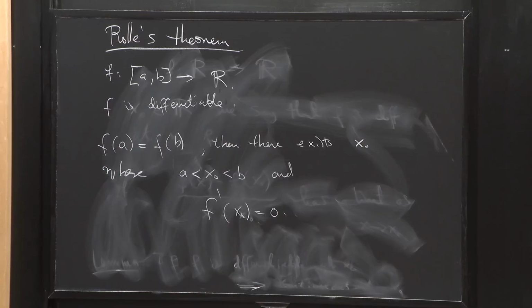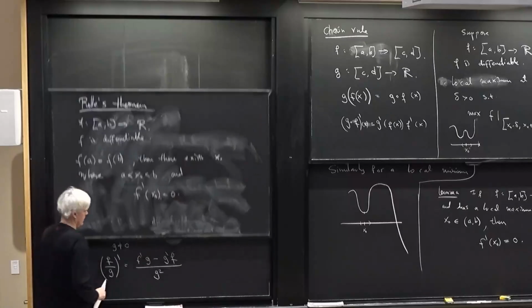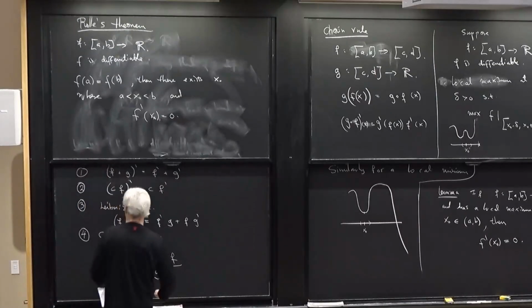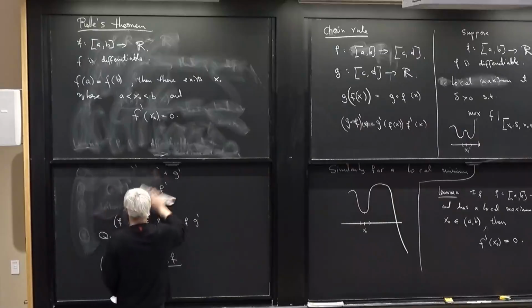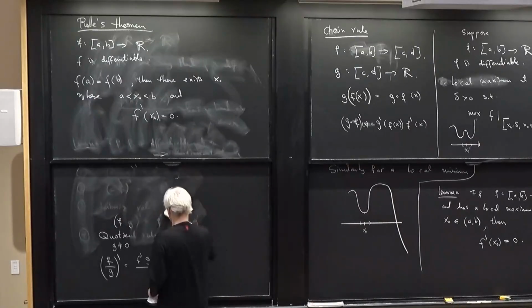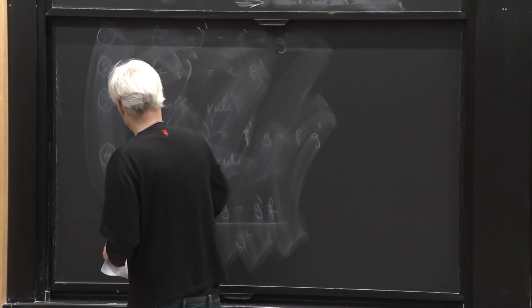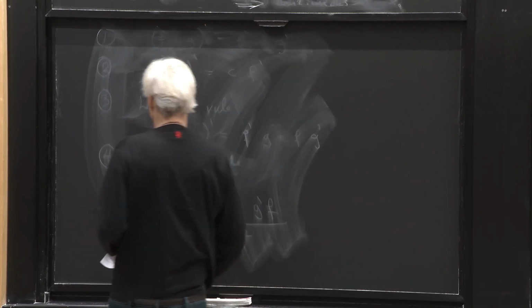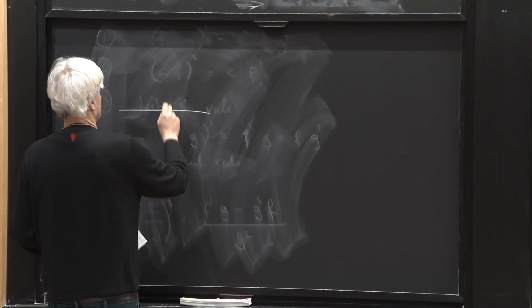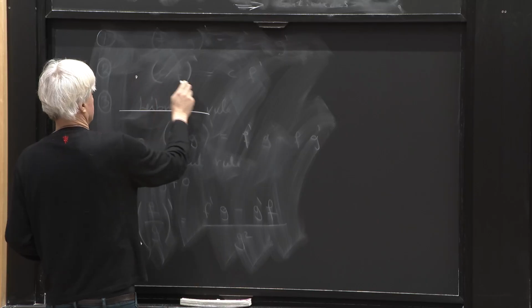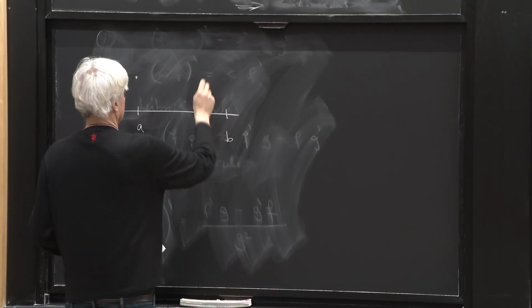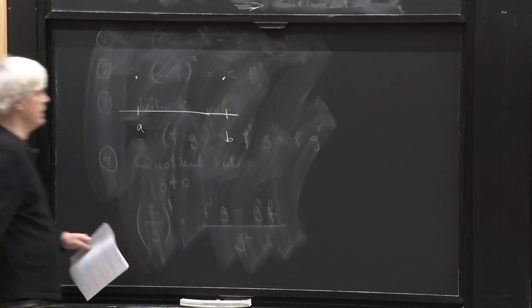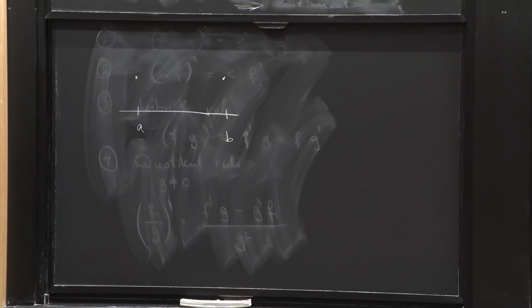The idea is very simple. You have a function, and the function initially, this is at a, here you have b, and at the end is at the same value.